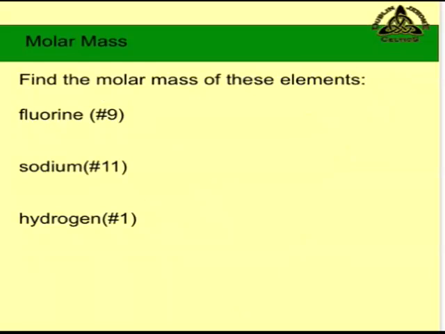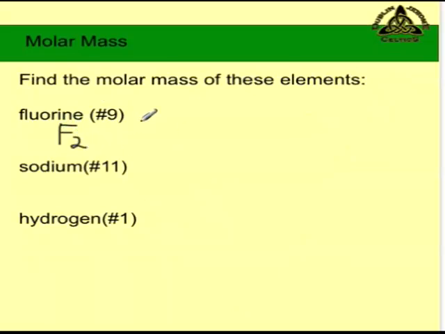Let's find the molar mass of these elements in the periodic table. Fluorine is number 9 near the upper right-hand corner, and fluorine is a diatomic element. It's F2.